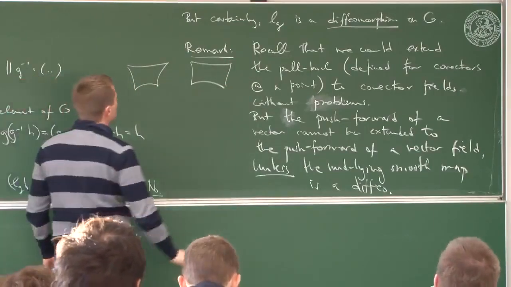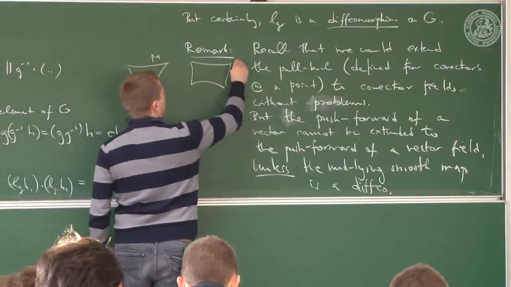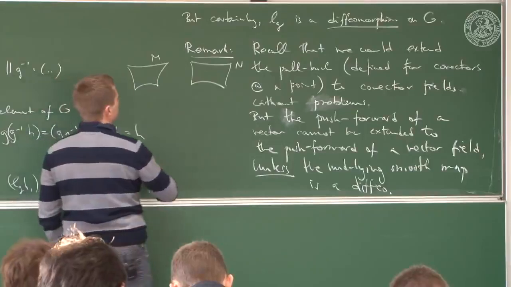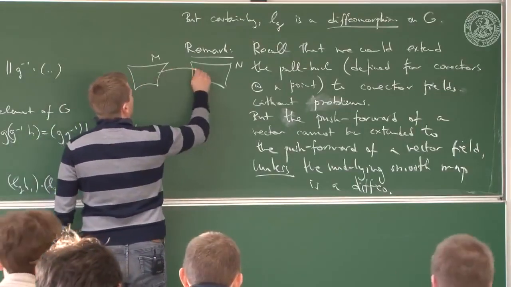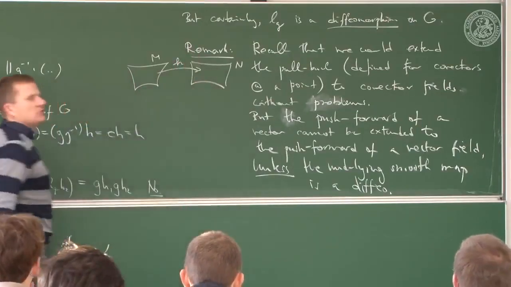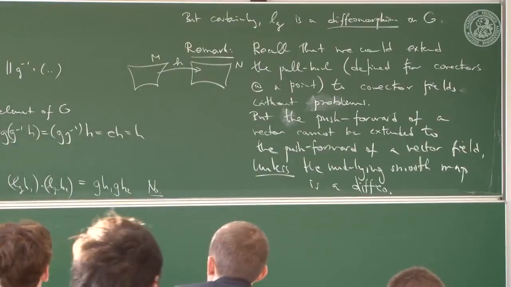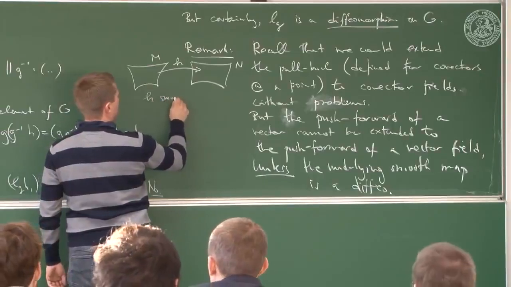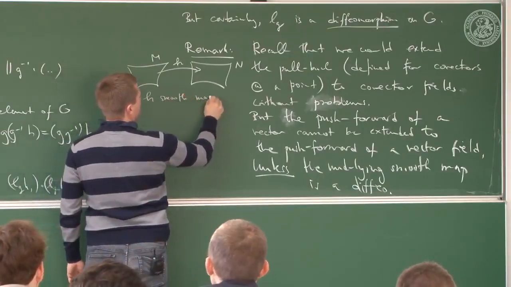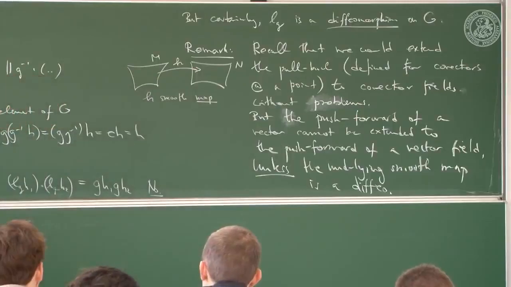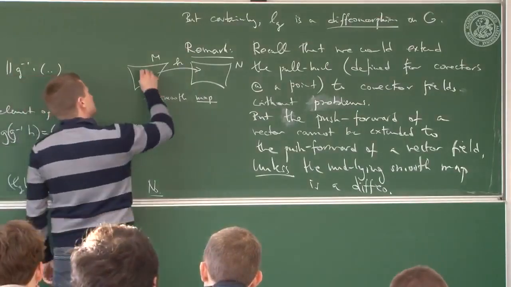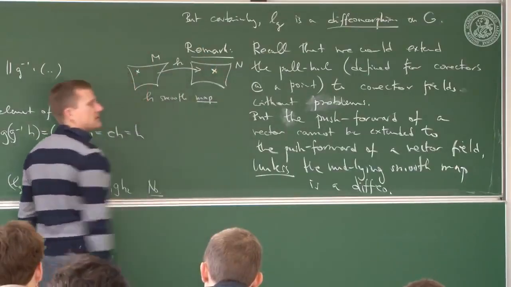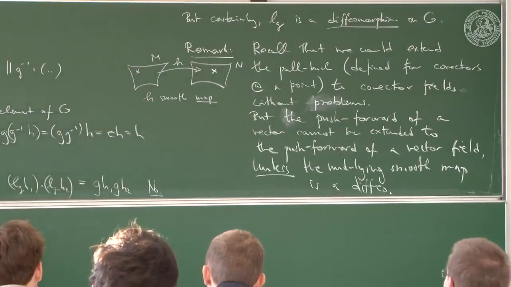So you have a manifold M and a manifold N in general. Well, here it's twice the same manifold, but that doesn't change the principle. And you have a map H between the two manifolds, right? Now H is a smooth map, okay, but it's also a map. Now what is a map? A map assigns to every point here a unique point over there. That's what a map does.